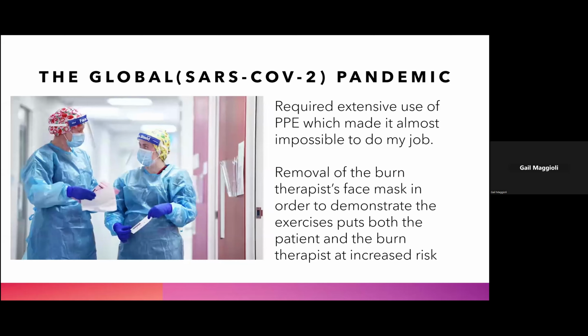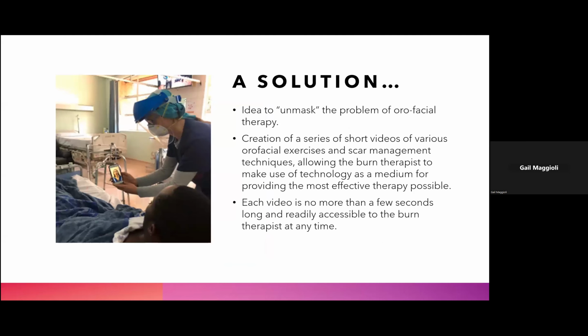It made it almost impossible for me to do the oro-facial exercises with the patients, and removal of the burn therapist's face mask in order to demonstrate the exercises puts both the patient and the therapist at increased risk. So this was quite a challenge. And so during this time, I came up with a solution. So the idea was to unmask the problem.